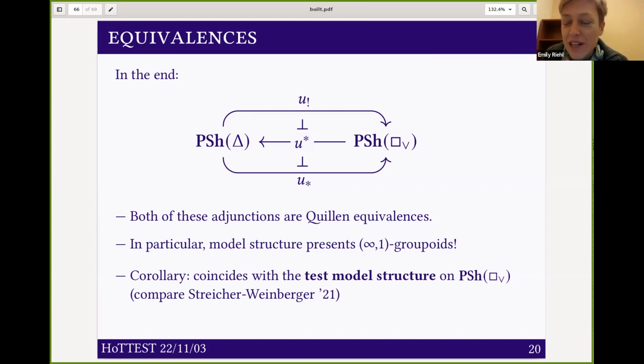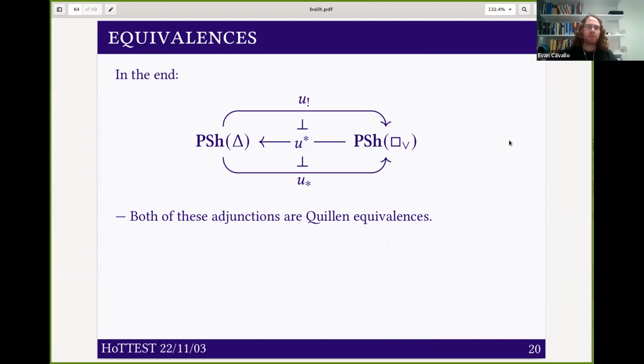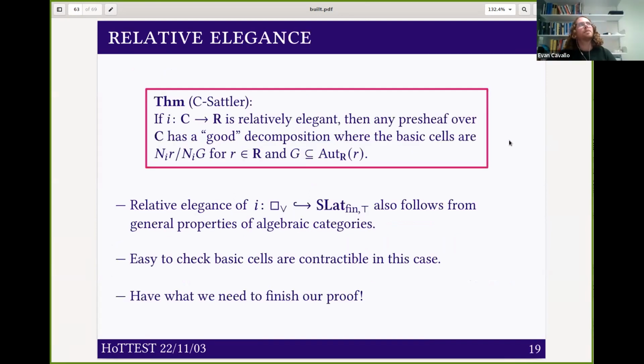Is it easy to, or can you say anything about what these cell shapes are that you're inheriting from the larger elegant-ish Reedy category? Yeah, I don't know how to describe them in a nice way exactly. I can give you a formal description, which is they're things in the image of the nerve of the embedding quotiented by automorphism groups, basically.